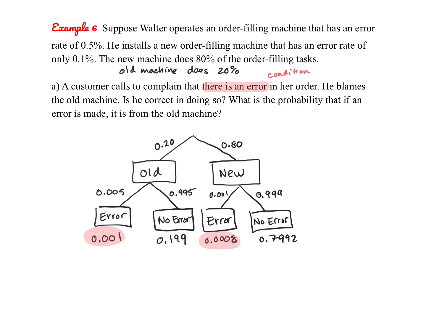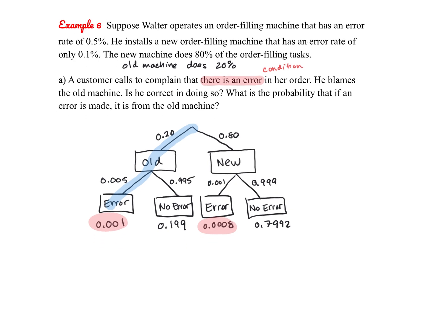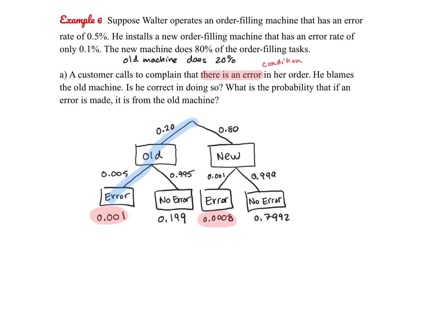So what is the probability that if an error is made, again, that's the condition, it is from the old machine? So we're saying what's the probability that it was this path that was taken? So we're finding essentially the probability of old and error given that there was an error.